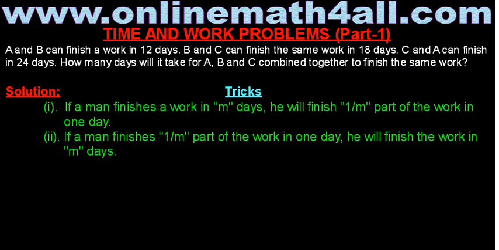I'll show you how we are going to apply this trick to solve this problem. Now we have three pieces of information in the question. I'm going to consider the first one, that A and B can finish a work in 12 days.